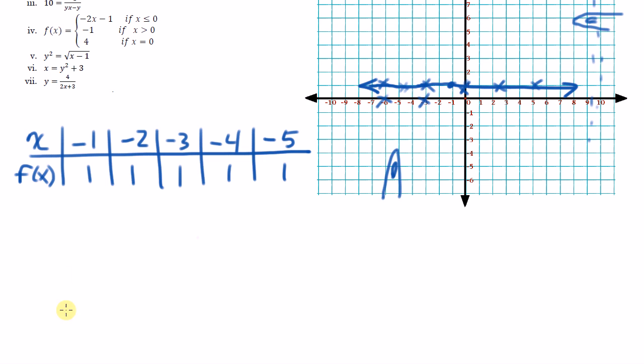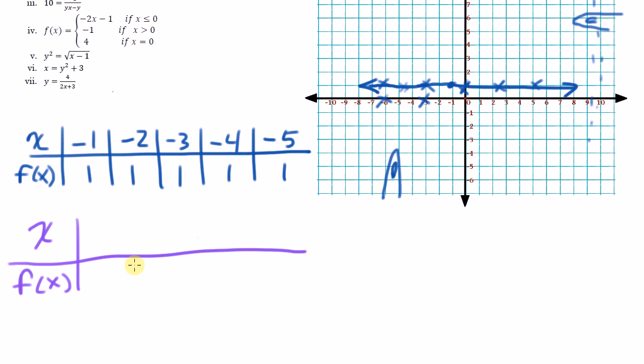Let's look at another variation. So if I had x values and f of x values, and we'll say that -2 goes to 4, and 3 goes to 2, and -2 goes to 1.